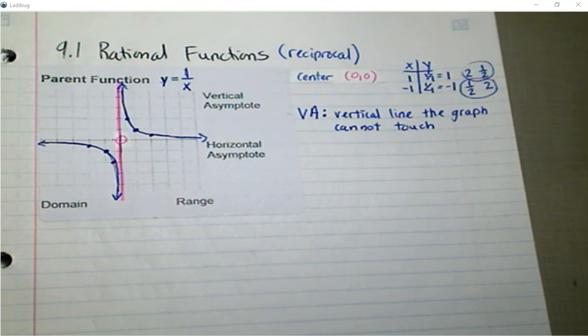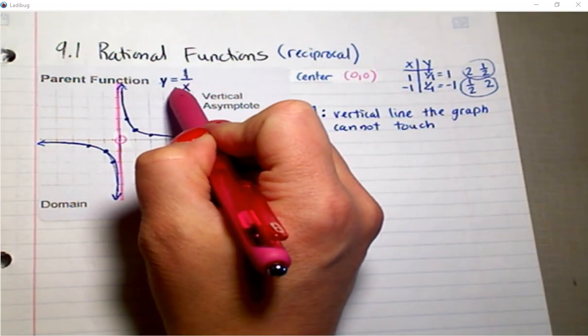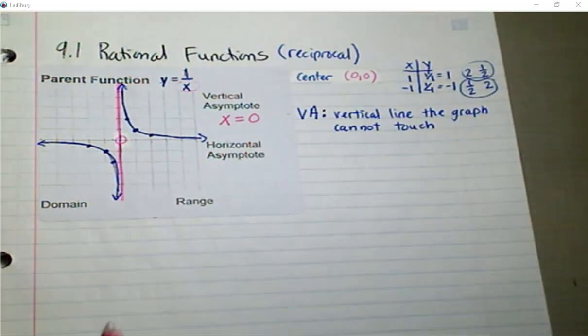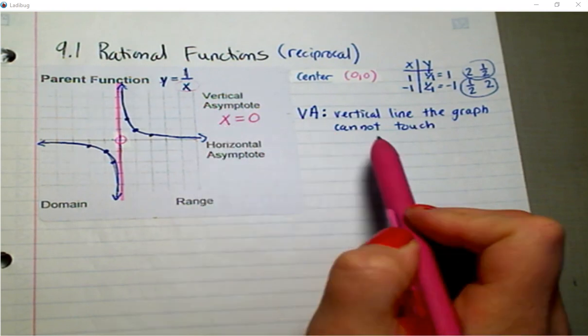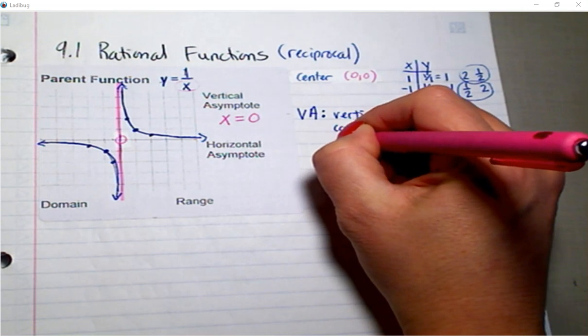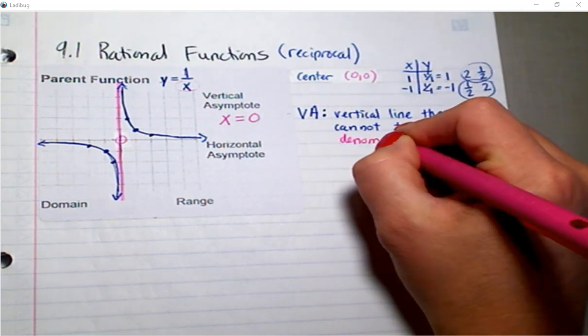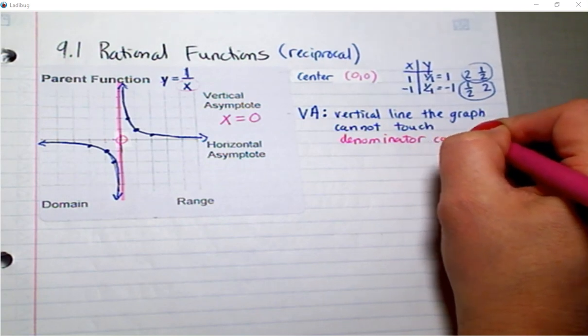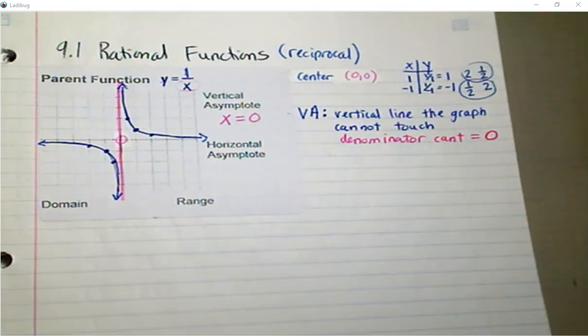Look at our denominator. x can't equal 0. This is our vertical asymptote, and it comes from the denominator can't equal 0.